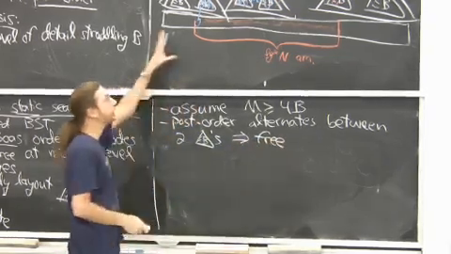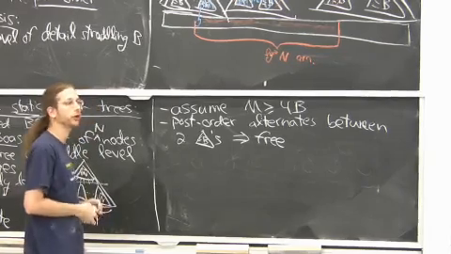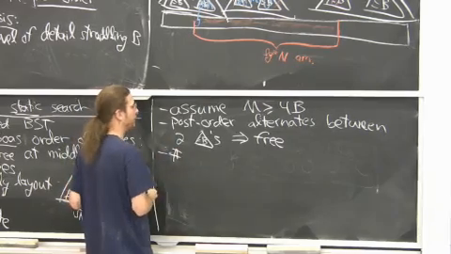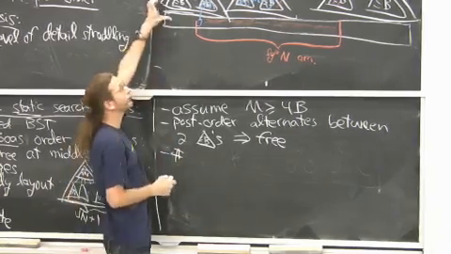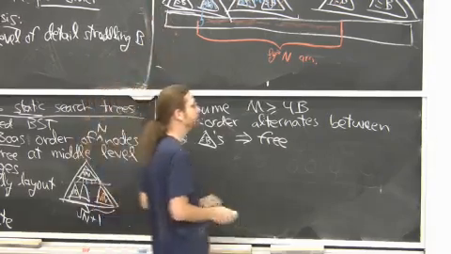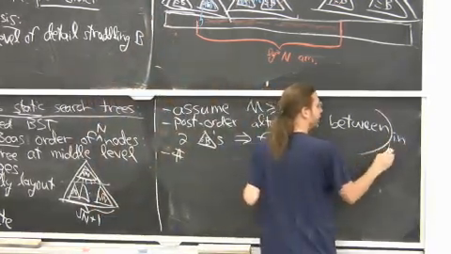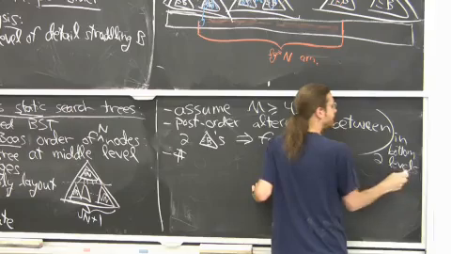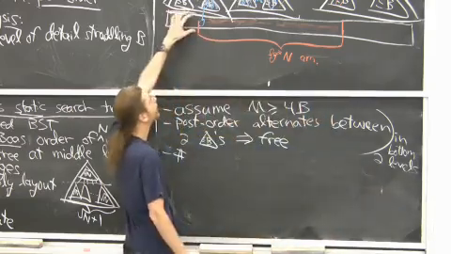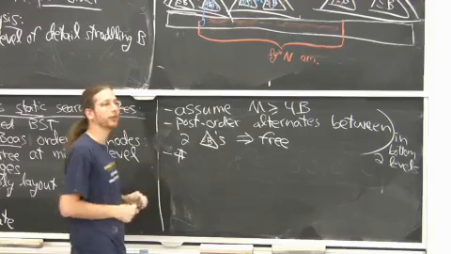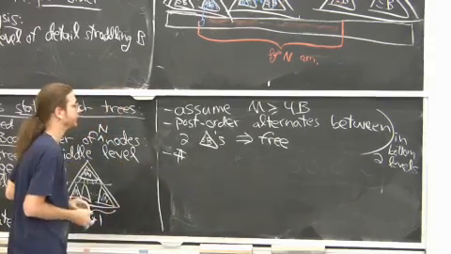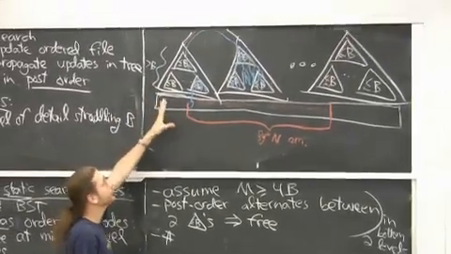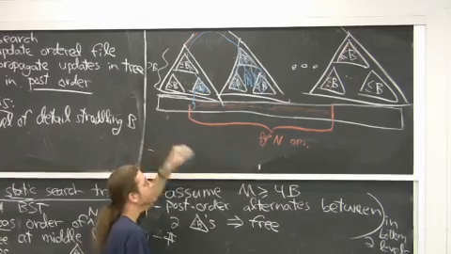The only issue is how many little triangles do I need to load overall? Sorry, I should say I'm just looking at the little triangles in the bottom 2 levels. So this is in the bottom 2 levels. Sorry, I forgot to mention that. As soon as you go outside the bottom big triangle, let's not think about it yet. We'll worry about that later. So just looking at these bottom 2 levels that I drew, we're just doing this alternation. And so the only issue is how many little triangles do I have to load?